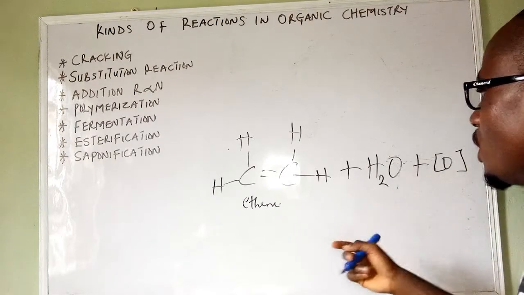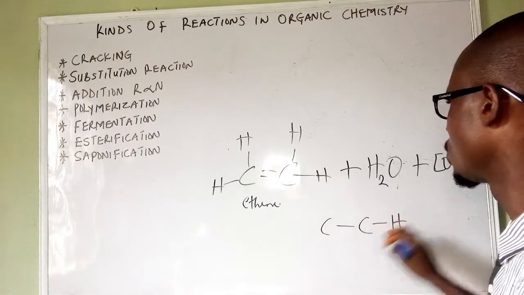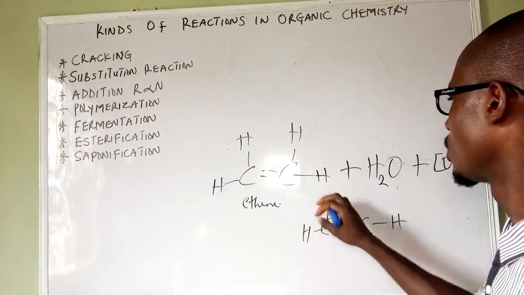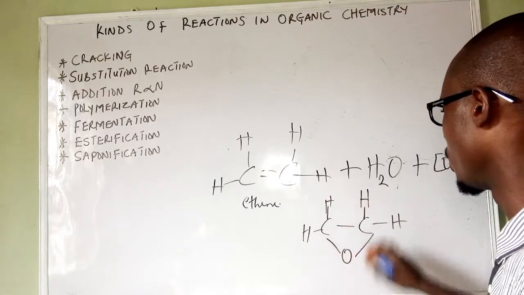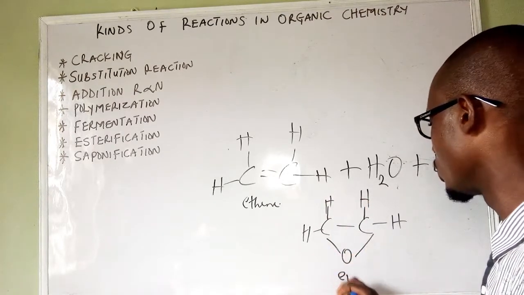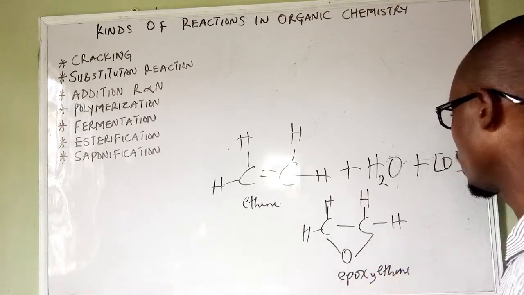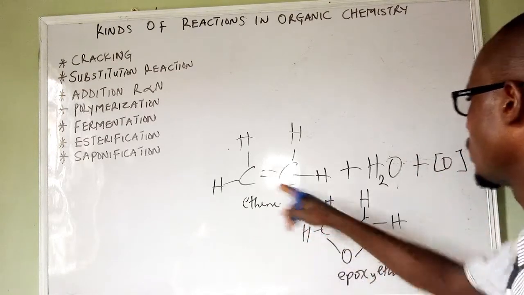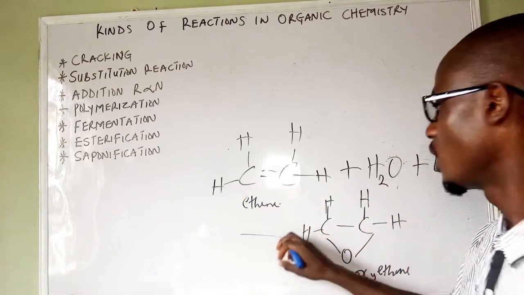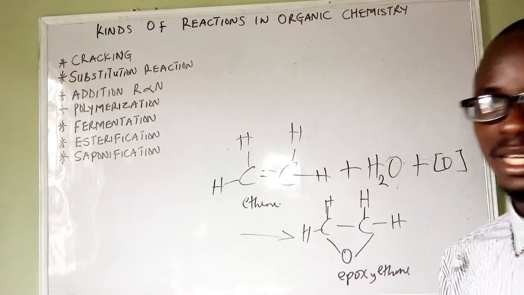So if this is added, then you're going to have this H, H, H, H. Then you have oxygen here. So this is what we call epoxy ethane. Actually, this is the reactant, and this is the product of the reaction. This is epoxy ethane, and that's addition reaction.